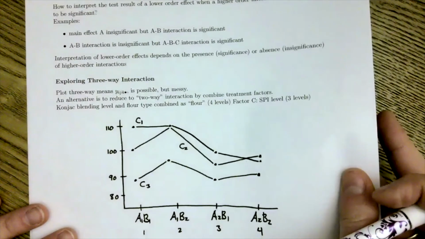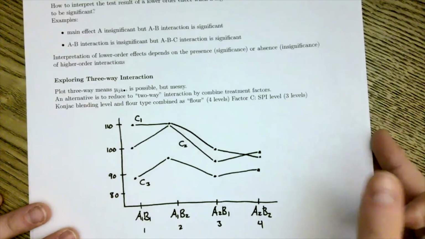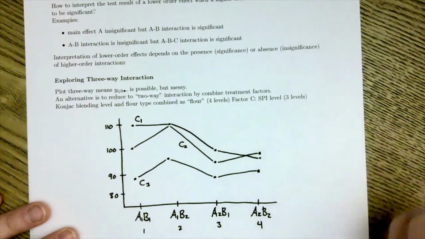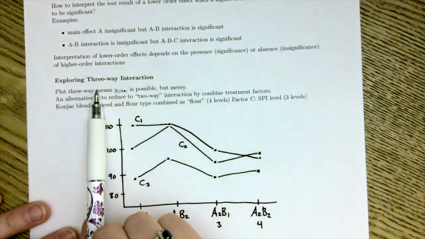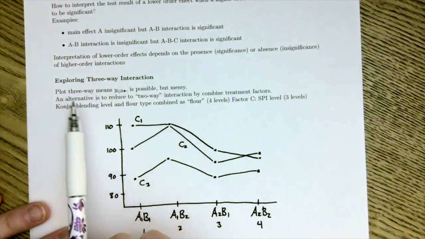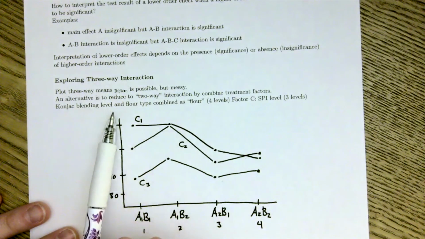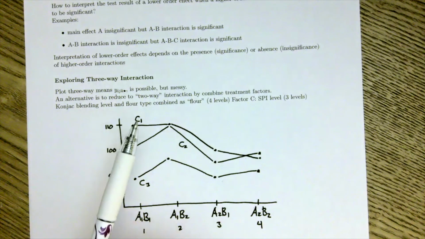Thus far, we only talked about exploring the two-way interactions. That's mostly because three-way interaction plots can sometimes get messy, and it's not really fun to look at. One alternative is to reduce to a two-way interaction.